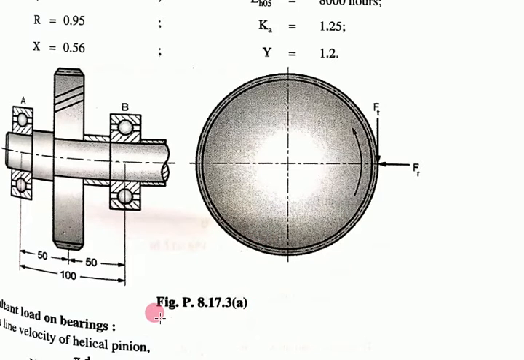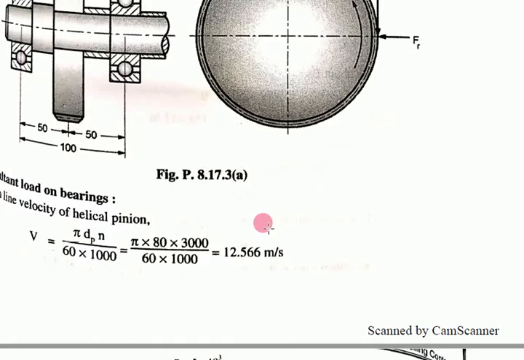Now you just pause the video and draw this figure here, Ft and Fr. Tangential force you might have known, and we had discussed a lot regarding Ft in gear design. Okay, so pitch line velocity also comes in gear design. Pitch line velocity is equal to pi d p n upon 60 into 1000, so 12.566 meter per second.